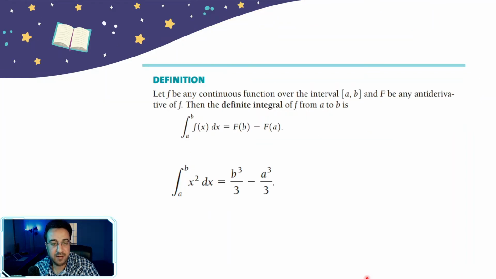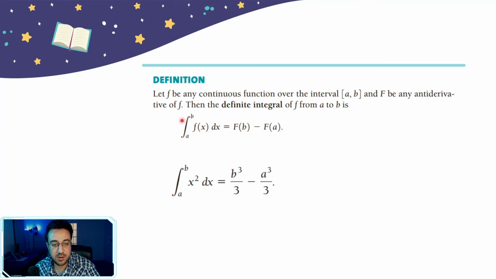Now let's have F, any continuous function. Then we can identify the definite integration over here in a simpler form. The f of x dx. So we have the integration from a to b of f of x dx equals F of b minus F of a.